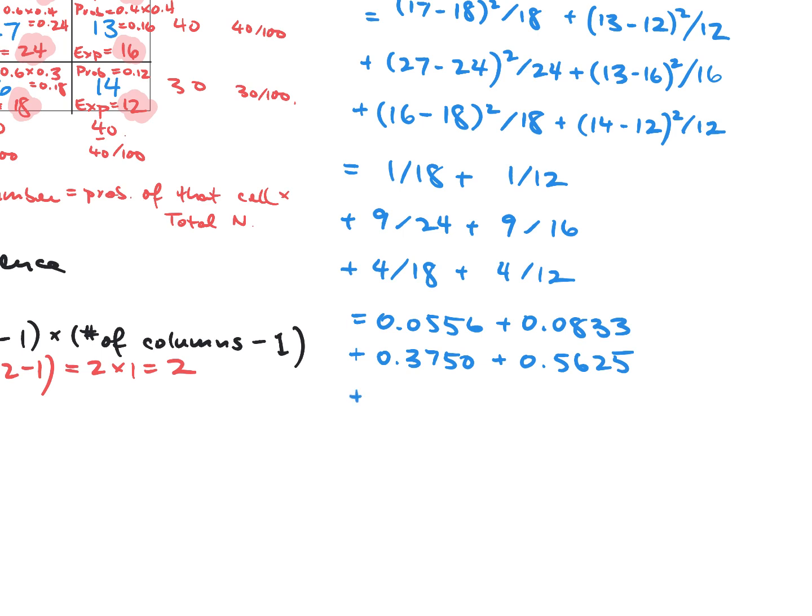And then 4 over 18 is 0.2222. And 4 out of 12 is 0.3333.